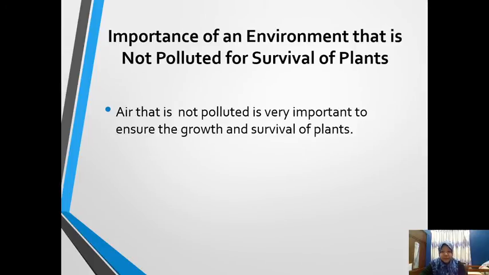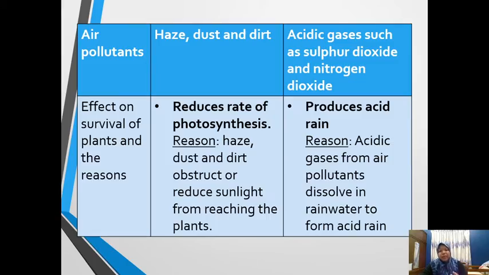Okay, ini adalah apa yang kita boleh buat sebenarnya. Okay, so the effect on survival of plants and the reasons. Ini adalah air pollutants. Contohnya di sini adalah haze, dust and dirt. Jerebu, habuk. It can reduce the rate of photosynthesis. Bila ada jerebu, dia akan mengurangkan kadar fotosintesis.